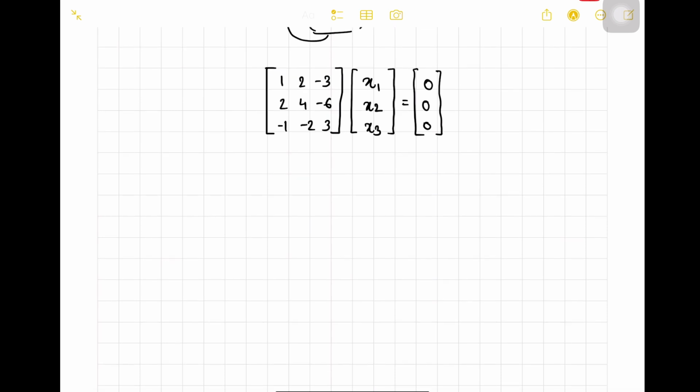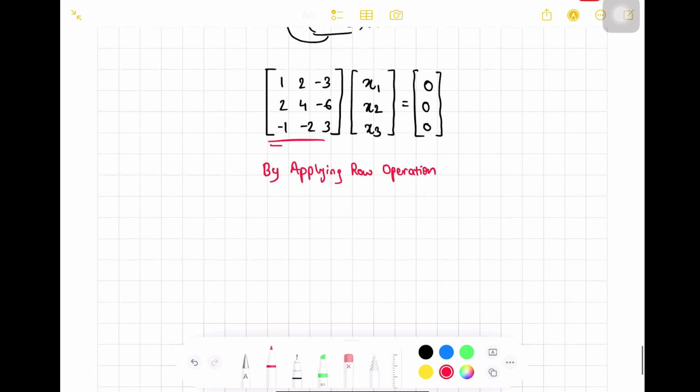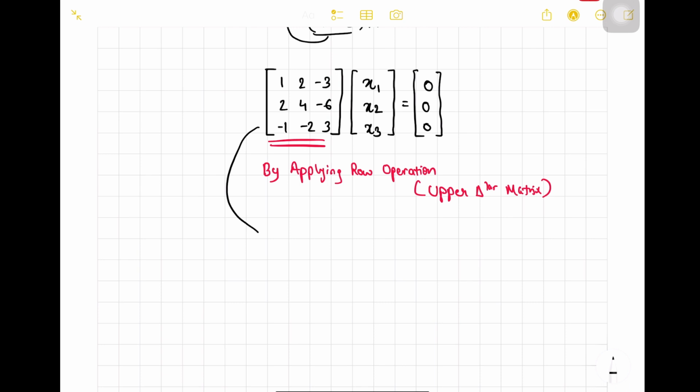So if the eigenvalues are repeated, you just need to apply row operations. By applying row operations, you will convert this matrix into an upper triangular matrix. So I will show you how to convert this matrix into an upper triangular matrix. So we just apply row operations.